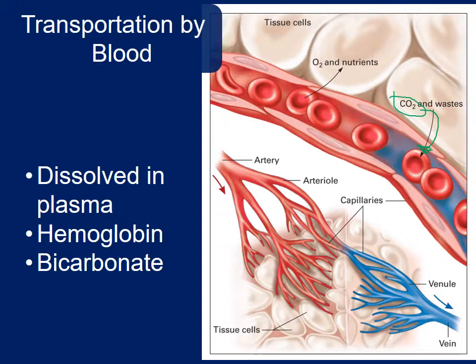By far, about 7% of the carbon dioxide actually just dissolves in the plasma, which is the liquid part of blood, the watery part of blood. So 7% of carbon dioxide that's transported by the blood is mixed in the blood. So your blood is actually carbonated, like a carbonated soft drink.